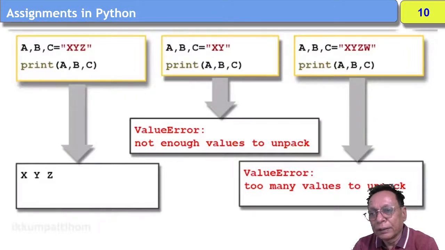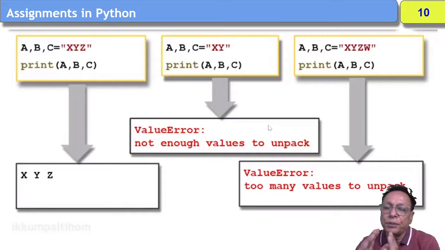Here you will again face a value error: too many values to unpack. In the first case, not enough values to unpack. For this screenshot, we see too many values to unpack. So there are more values and there are fewer values; in both cases, you'll face the error.